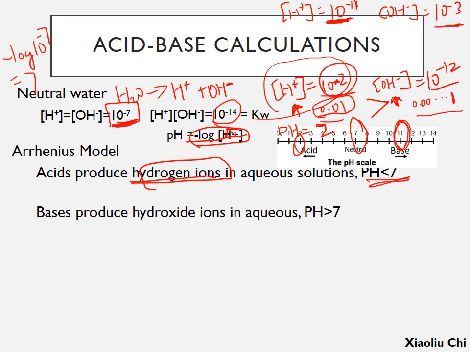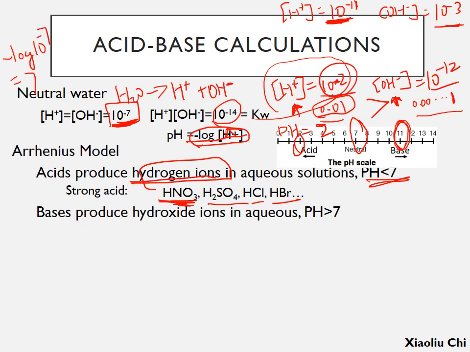Here is a list of strong acids. Nitric acid, HNO3. Sulfuric acid, H2SO4. Hydrogen chloride, hydrogen bromide. It's very useful if you can memorize some strong acids.